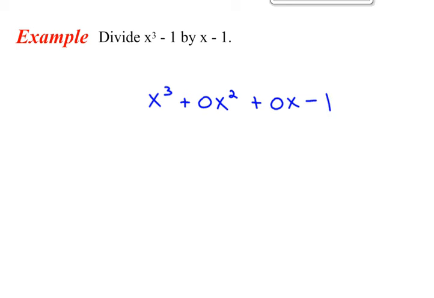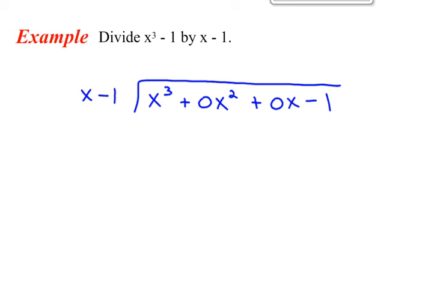And I need those 0x squared and 0x terms in there, sort of like for placeholders, so that the process still works. And you'll see how it goes as we go through this problem. And of course, that all is being divided by x minus 1.